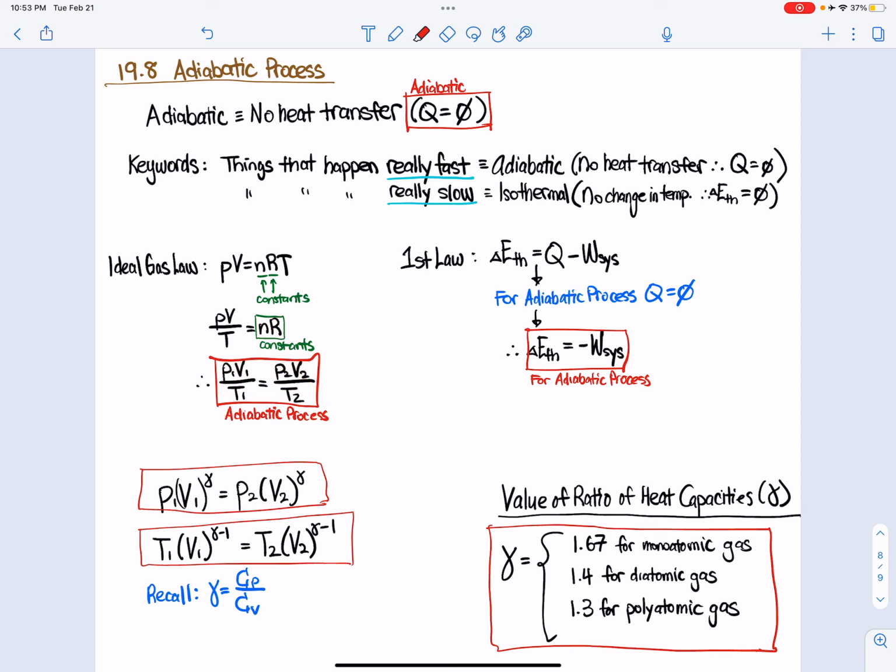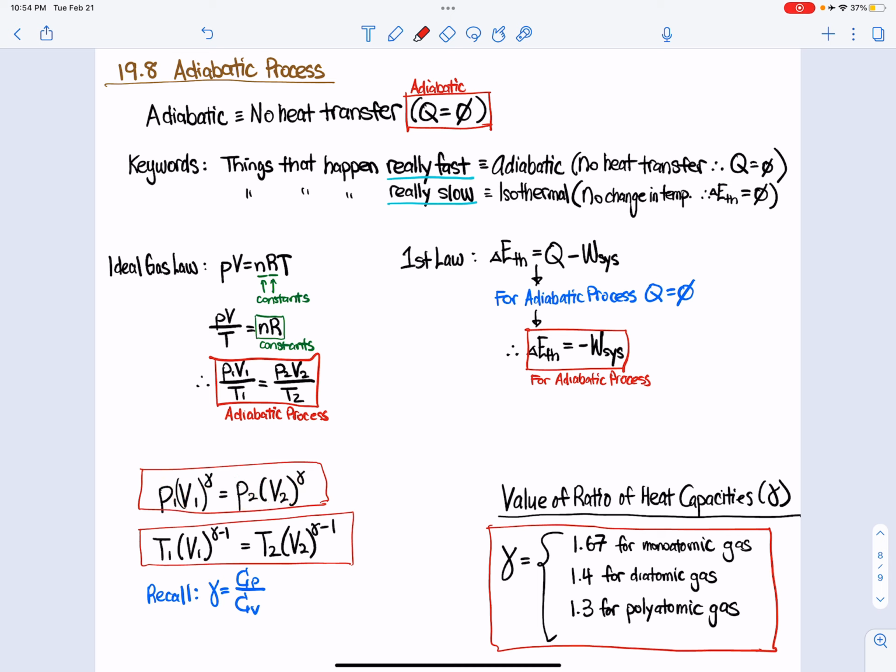All right. And lastly, these two equations are important because they are equations with gamma involved, or the ratio of molar heat capacity. So P1 times V1 to the power of gamma is equal to P2 times V2 to the power of gamma, okay?